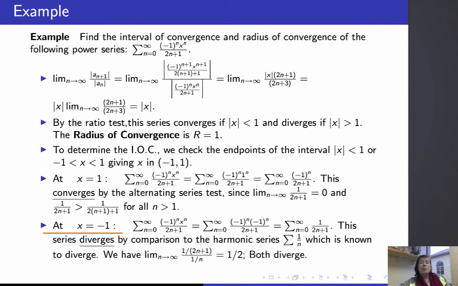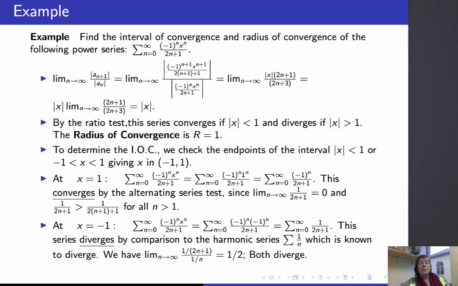And when x equals -1, when we plug that into our expression for the series, we get the sum from 0 to infinity of 1 over 2n plus 1. And this series diverges by comparison to the harmonic series, the sum of 1 over n, which we know diverges, using a limit comparison test.